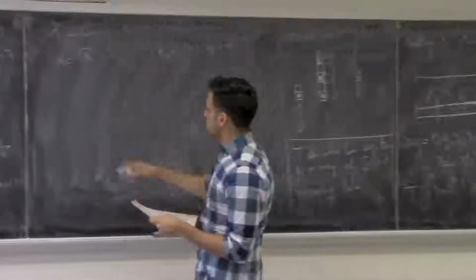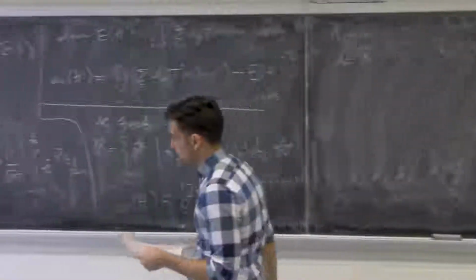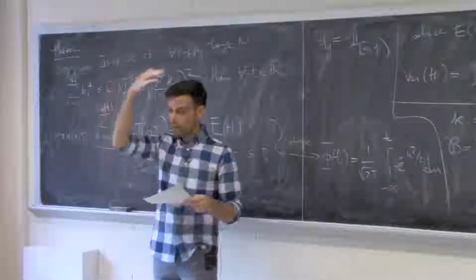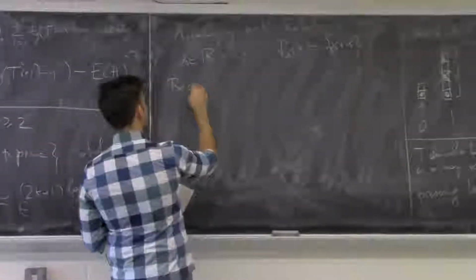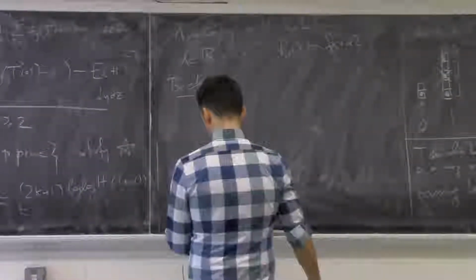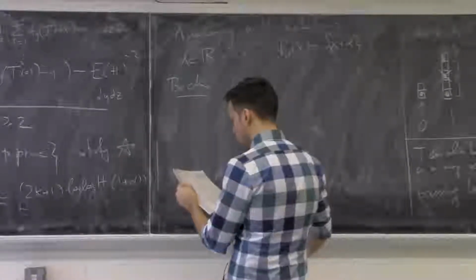You can rewrite that where instead of your dynamical system T, you have your rotation. And there is a beautiful theorem by Beck. I forgot to write down the year; I think it's in the 90s.